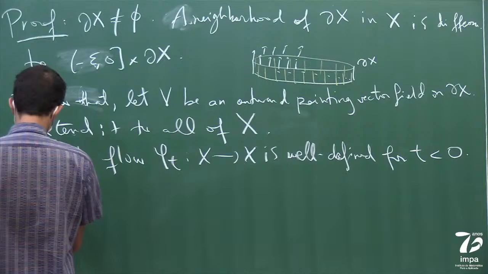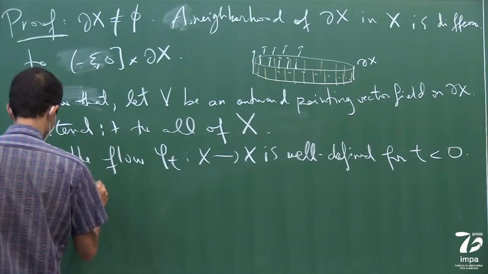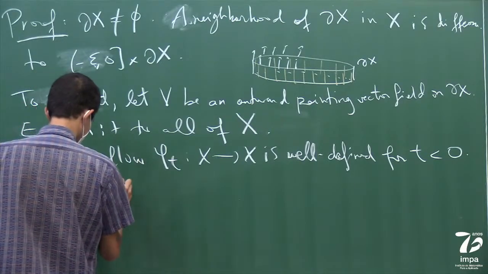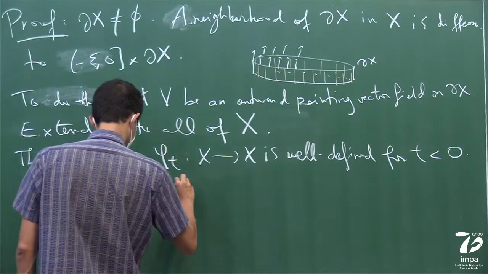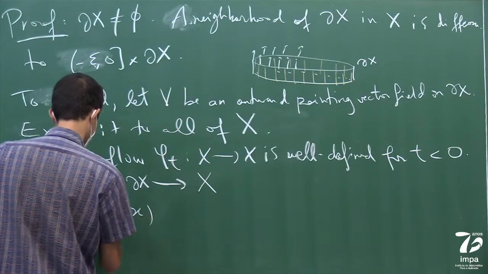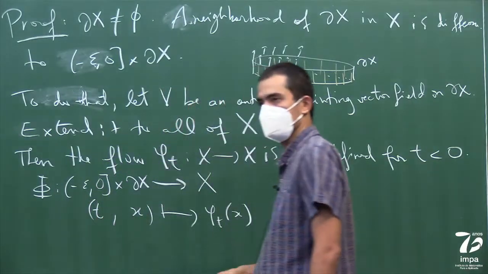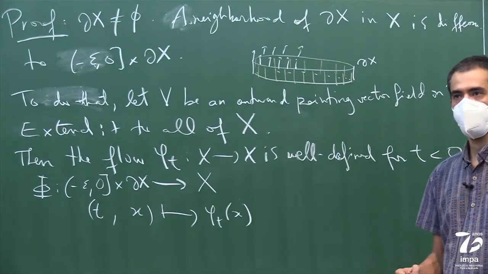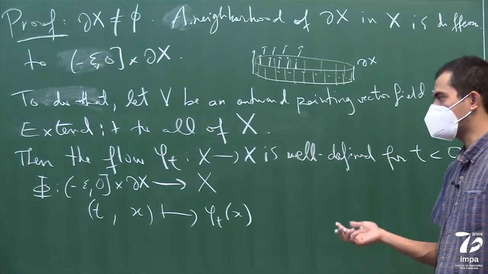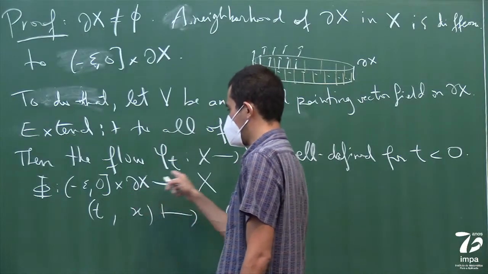So then the flow will give you a function that goes from minus epsilon, 0 times the boundary to X. That just takes a t and x and goes into phi t of x. And then you have to be a little careful, but basically the flow is invertible. So this will give you an embedding.